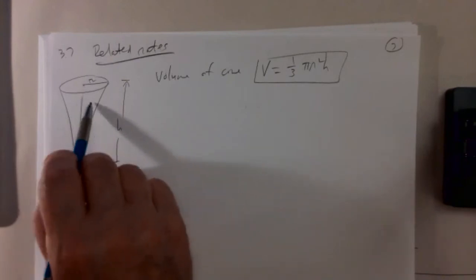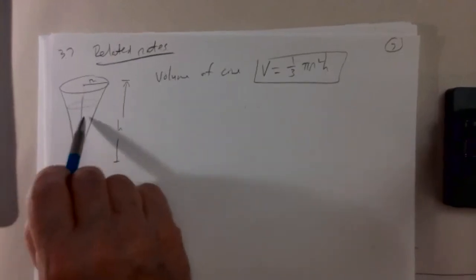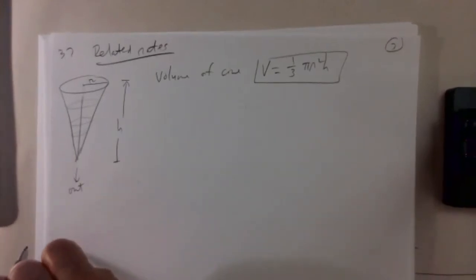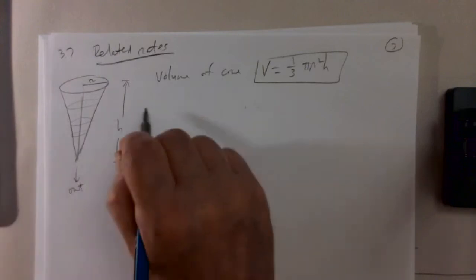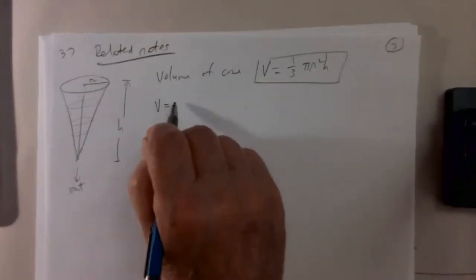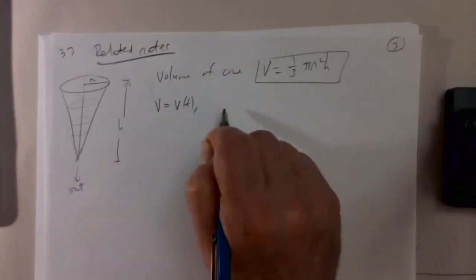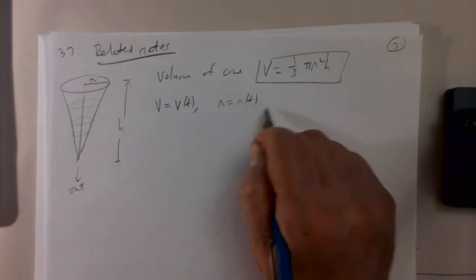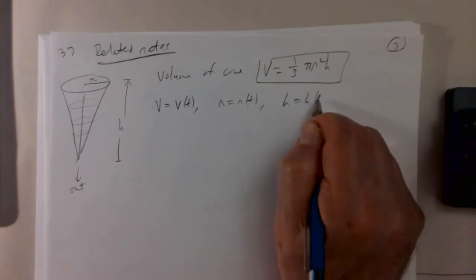So if the water flows out, the water is filling up cones of smaller and smaller height and radii. And you want to know how these are related. So volume is some function of time. Radius is some function of time. And the height is some function of time.